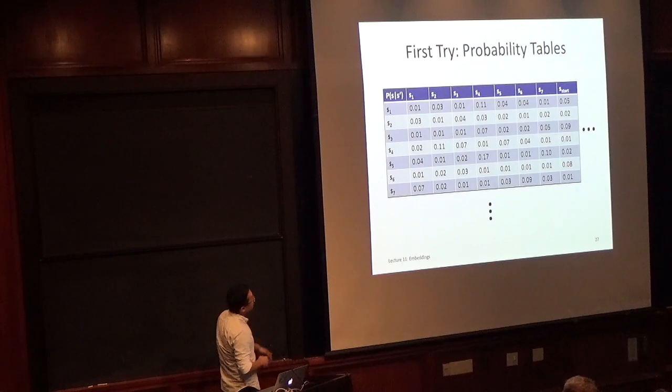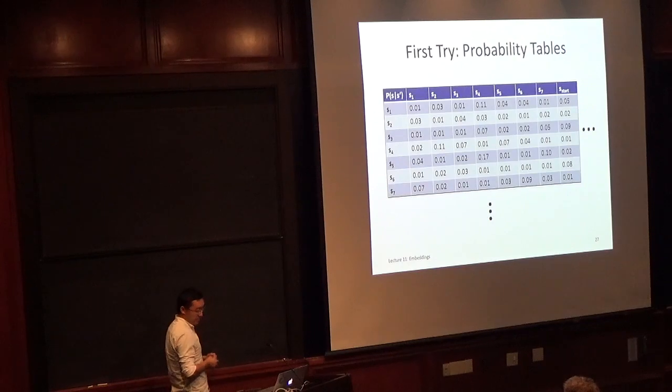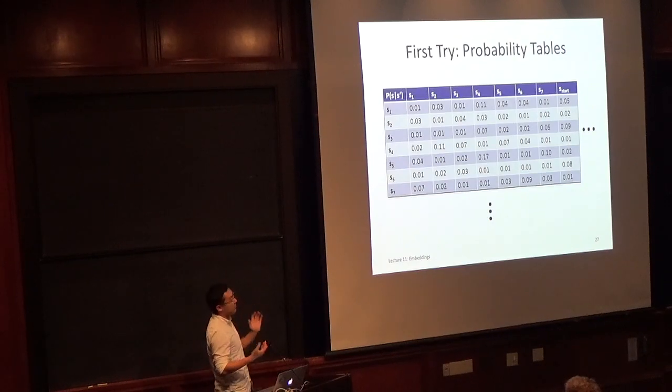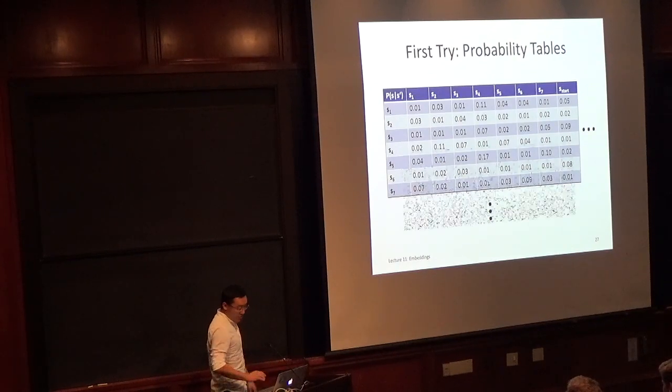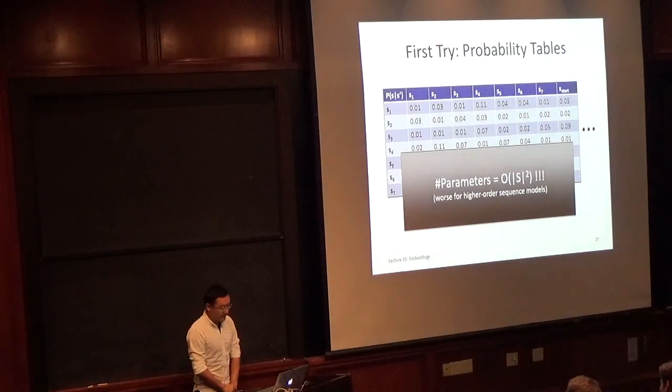So condition on observing song S1. What is the probability of the next song? These are the probabilities, and they can keep going both horizontally and vertically, because the ground set of songs or words can be huge. This is the starting point of thinking about all this. The problem, of course, is that this is huge.